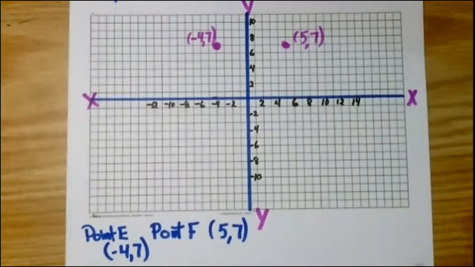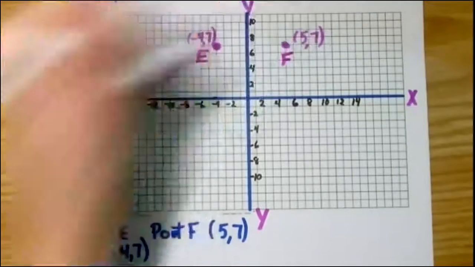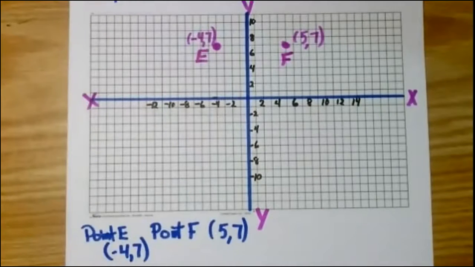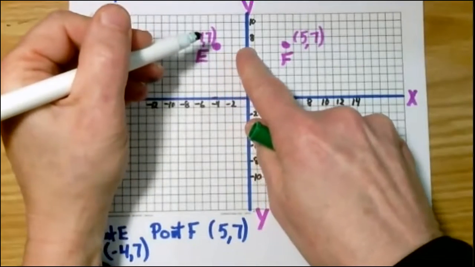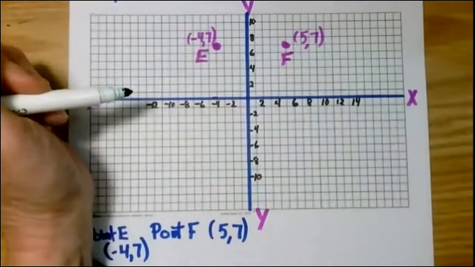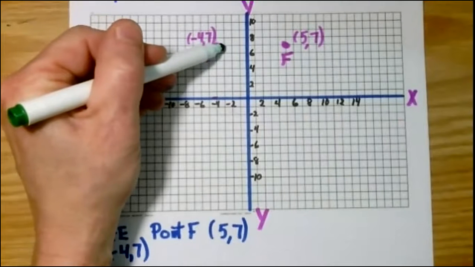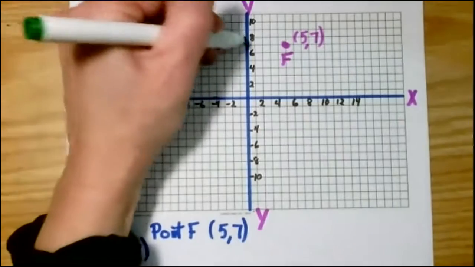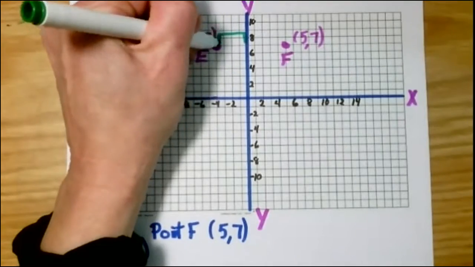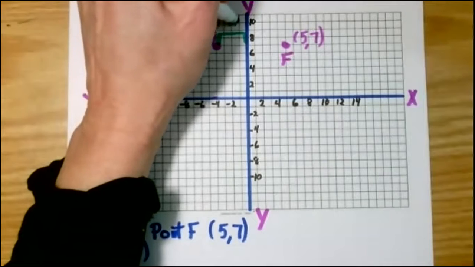So let's take a look at this. We're going to also give these a point name. This is E, and this is F. It helps us call it something. So point E, from here to the y-axis, how many units is that? Well, let's count. 1 unit, 2 units, 3 units, 4 units. So from the point to the y-axis is 4 units.